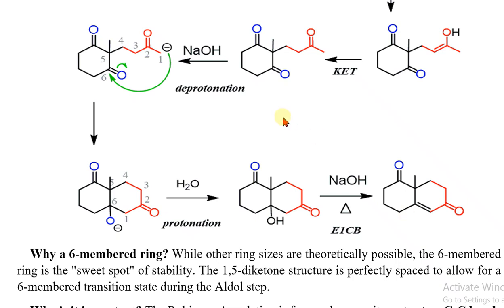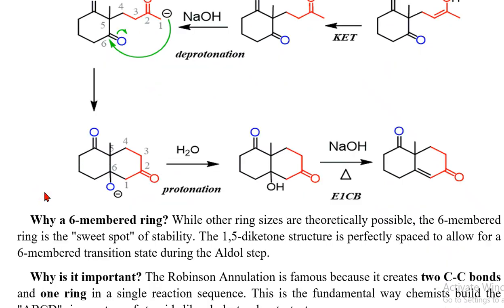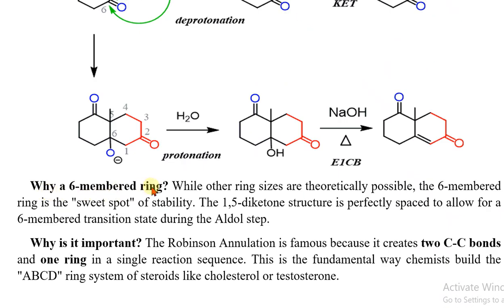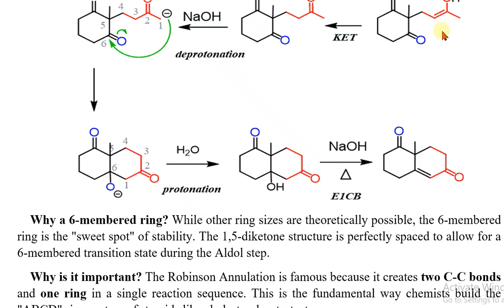Try to solve it as homework for you. So why a 6-member ring here? Again, as we said before, the reason why the 6-member ring is formed here, while other ring sizes are theoretically possible, is that the 6-member ring is a sweet spot, easy to make the attack.